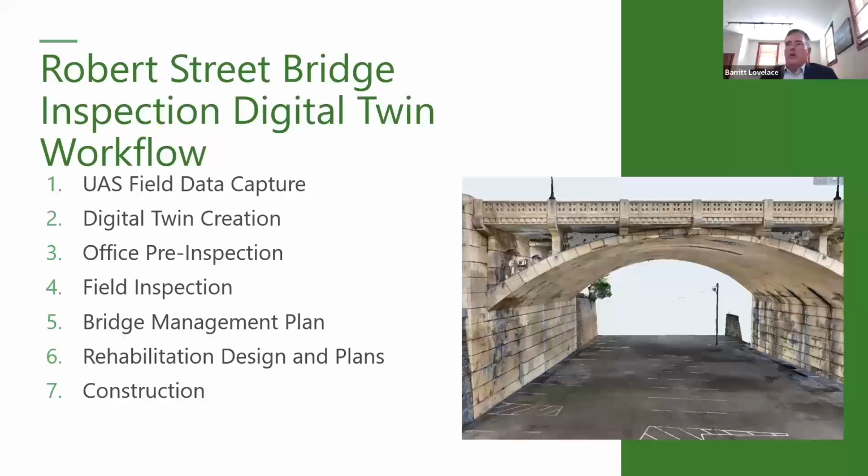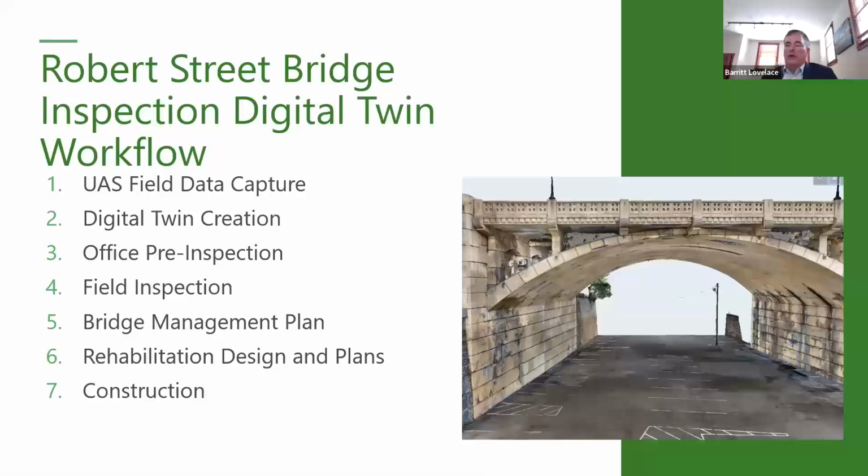So I'm going to go through how we're integrating this into a specific project. This is the Robert Street Bridge project where we are working with Michael Baker, and we're doing a load rating, where we did an inspection and load rating, and then a plan for the bridge.